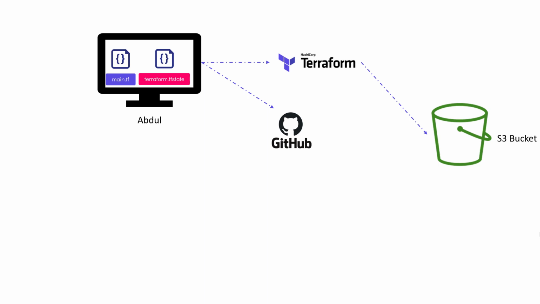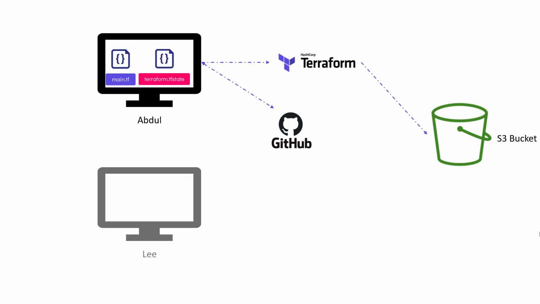And if any changes are to be made, the same process is repeated. The files are fetched from the Git repo, changes are then made to the configuration file, and this is followed by a Terraform plan and then apply. Finally, the updated configuration file and the state are pushed to the Git repo. Now, let us assume that the team is growing and a new developer called Lee also wants to manage the infrastructure using Terraform.